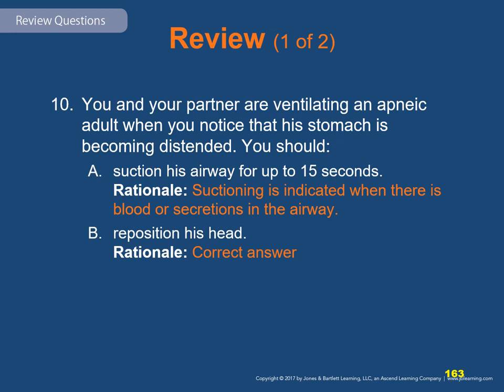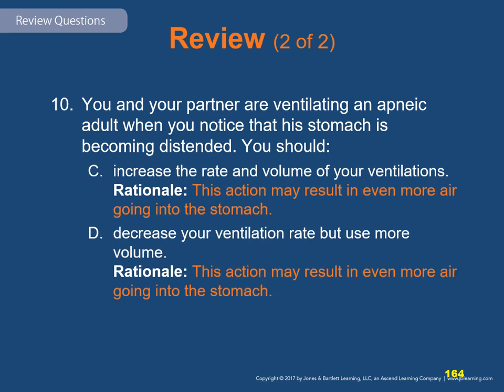That's the correct answer as we just discussed. C, increase the rate and volume of your ventilation. That's just going to produce even more air in the stomach because you don't have the head position right. Or D, decrease your ventilation rate but use more volume. That doesn't make any sense because that action is going to result in more air going to the stomach as well.